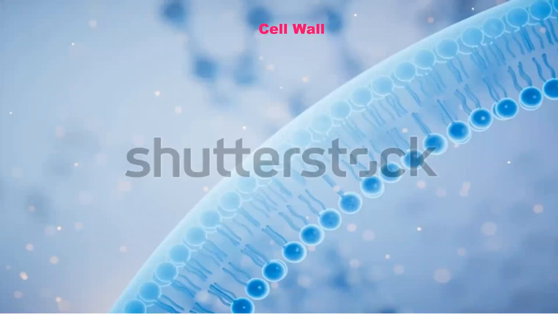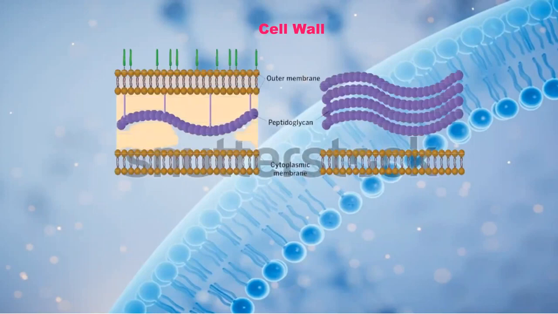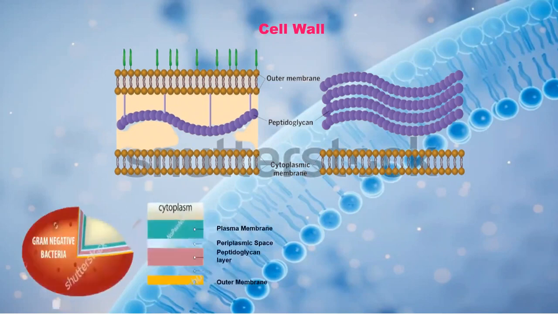Next, we can see about cell wall. The cell wall is present internal to the bacterial structure. It is a most important part of bacteria as it gives a definite shape to the cell. Based on the cell wall composition, bacterial cell wall can be gram-negative, which has a plasma membrane and a thin peptidoglycan layer.